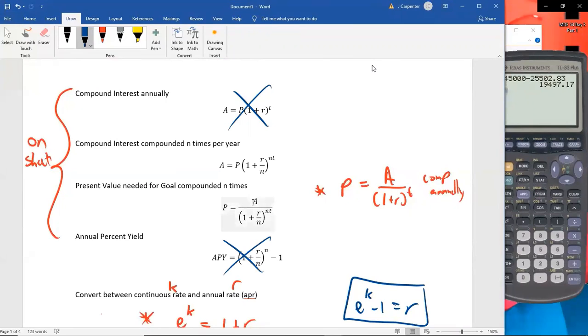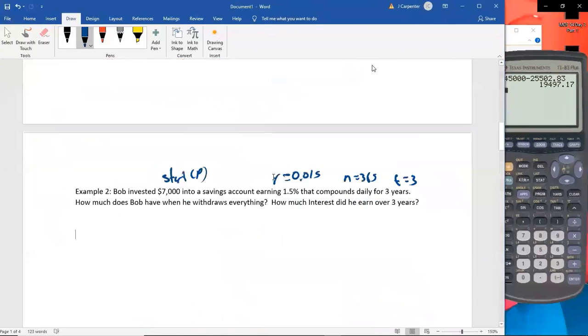We're not just interested in comparing one rate to another, so that's out. It's got to be one of these two things. Well, we know the starting value, which is the P, which means we have to use this one and not that one. We would use the one I'm circling right now if we knew the ending value. So we're going A equals P parentheses 1 plus r over n raised to the nt.